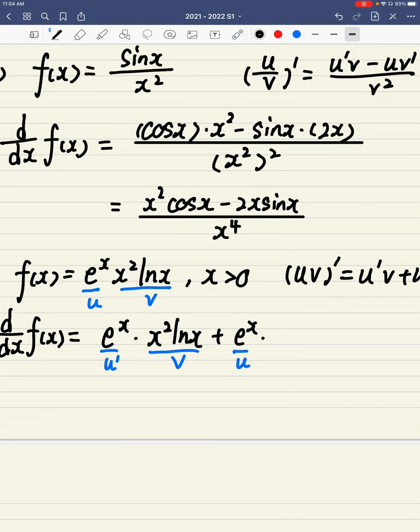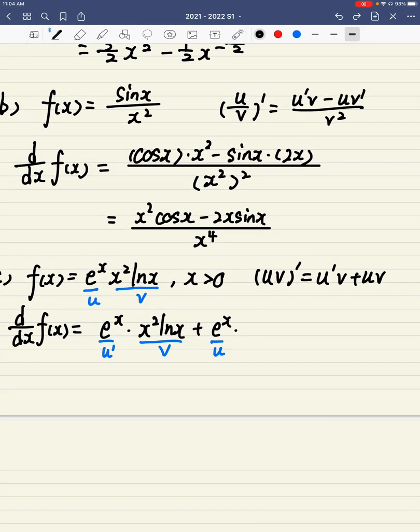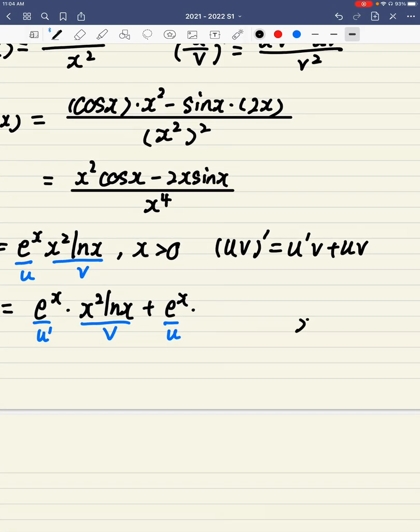Okay, so how do you differentiate this? You need to do it again. So let's do it down here. What is the derivative of x squared times ln x? You need to treat this as u, and this is v.